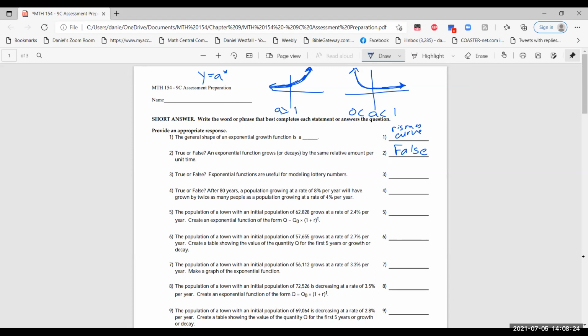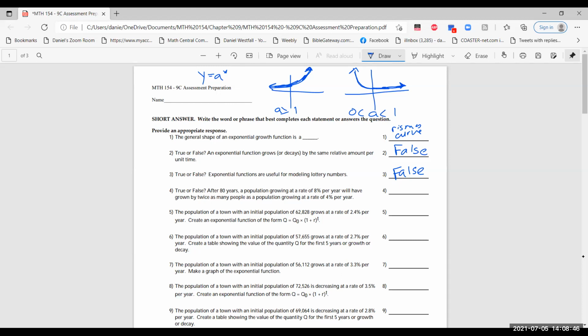True or false, exponential functions are useful for modeling lottery numbers? Nope. They're useful for modeling compounding interest. They're useful for modeling population growth. They're useful for modeling radioactive decay.